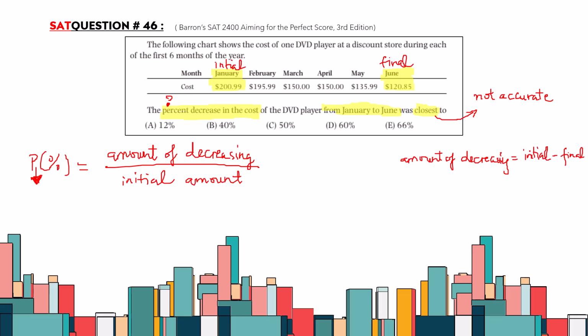So we already find the amount of decrease by taking the initial from January, 200.99, and we subtract 120.85, divided by 200.99.